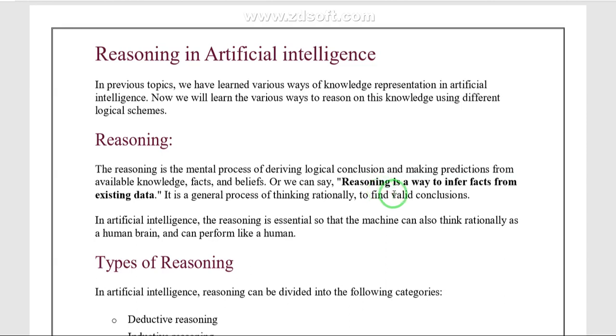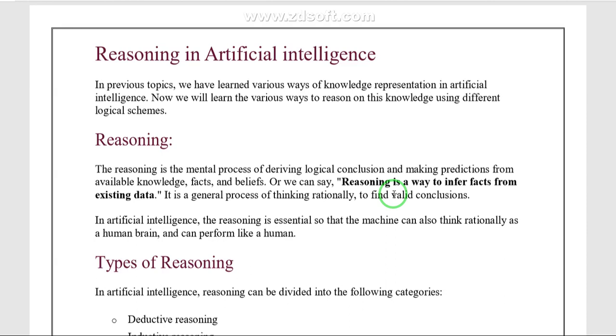The reasoning system plays an important role in the implementation of artificial intelligence and knowledge based systems. In previous units we discussed knowledge based systems. Reasoning is a way to infer facts from existing data.